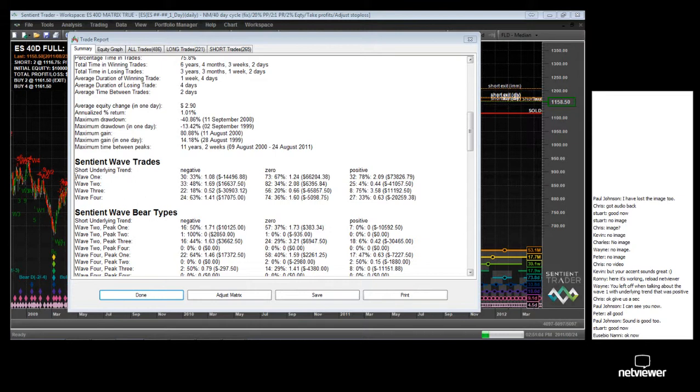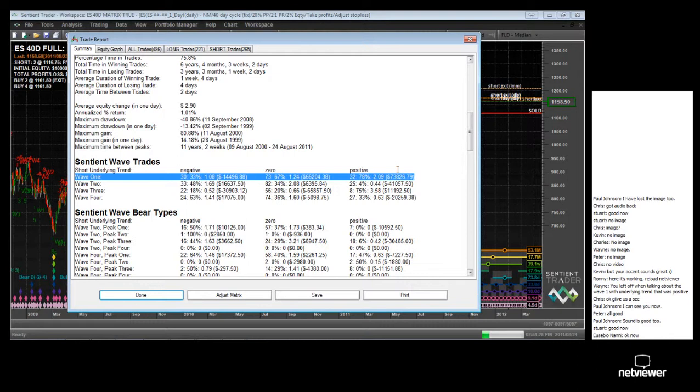Right. So I was saying that in looking at the trading report, we are looking at wave one trades that were taken under 3 different conditions of underlying trend: negative, zero, and positive.